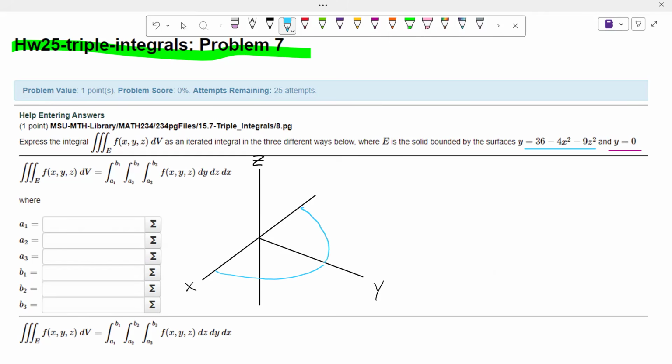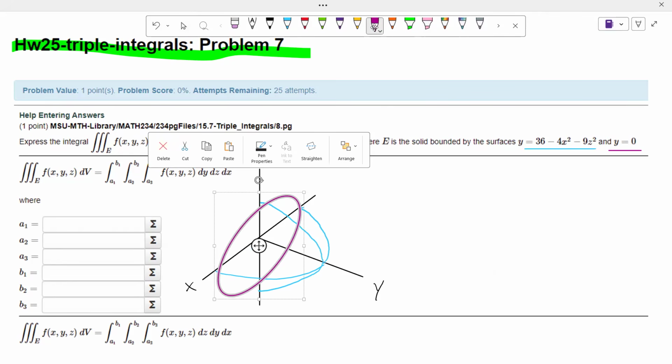So something like that in the xy plane, and something like this in the xz plane. And then that means its intersection with the plane where y equals 0 looks like an ellipse.